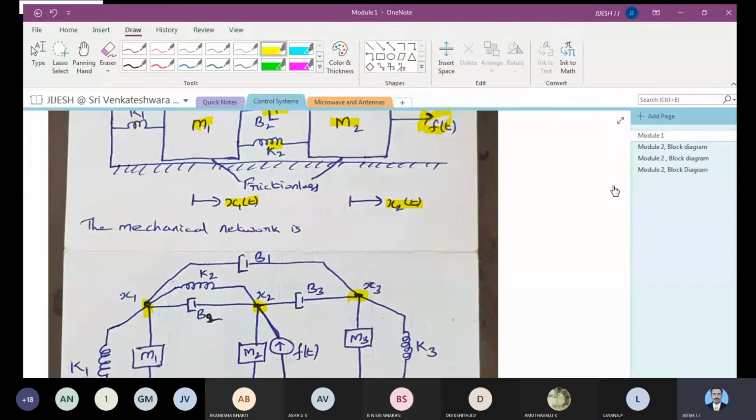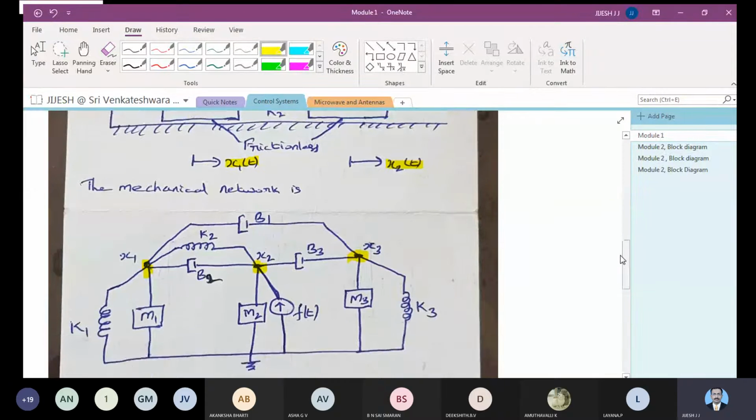So we'll understand first how to draw the mechanical network. As you have solved many problems based on that, you know that some of the components like K1, M1, then B2, K2 and B1 are all linked to x1. If you take x2, there are M2, f of t and B3, you can see in the figure. Let us take x1.